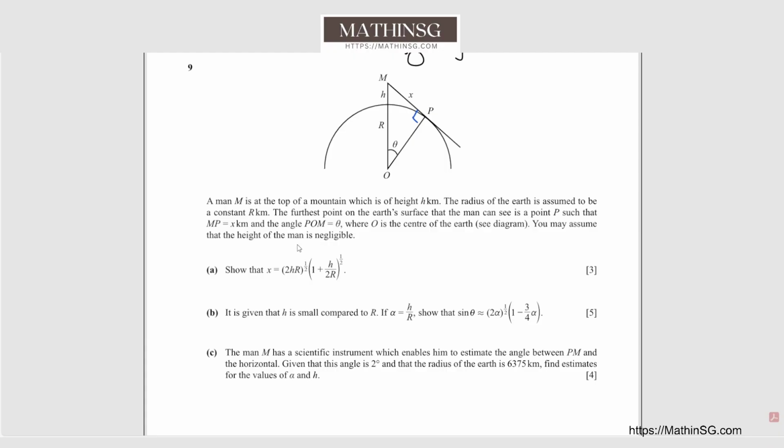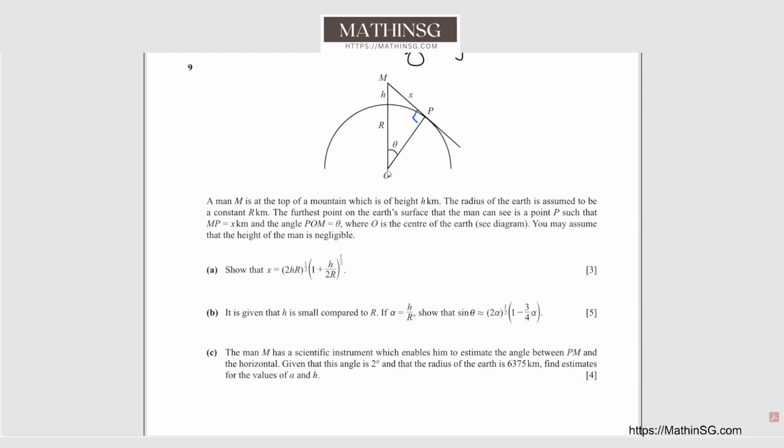If one looks at this, it seems like a binomial expansion question. But because they say h is small compared to r, very likely it's a binomial expansion question. But let's do this portion first. So for this portion here, we have x equals (2hr) to the power of half, and we need to show that, right? So how do we find x?